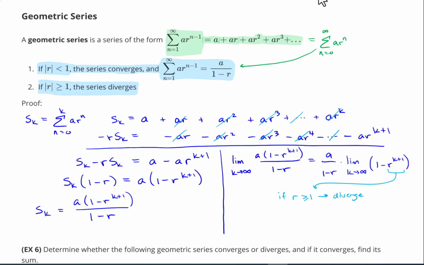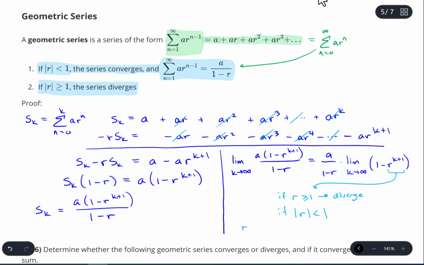All right, however, if r happens to be less than 1, and in fact, it could be somewhere between -1 and +1, which is why we say if the absolute value of r is less than 1, then what we end up with is something that could probably be written as a fraction. Just think of it like that. So if I have a fraction, let's say r is equal to a half, then I'm taking 1/2 and raising it to increasing powers, which means I'm actually taking 1 over 2 to some increasing power.